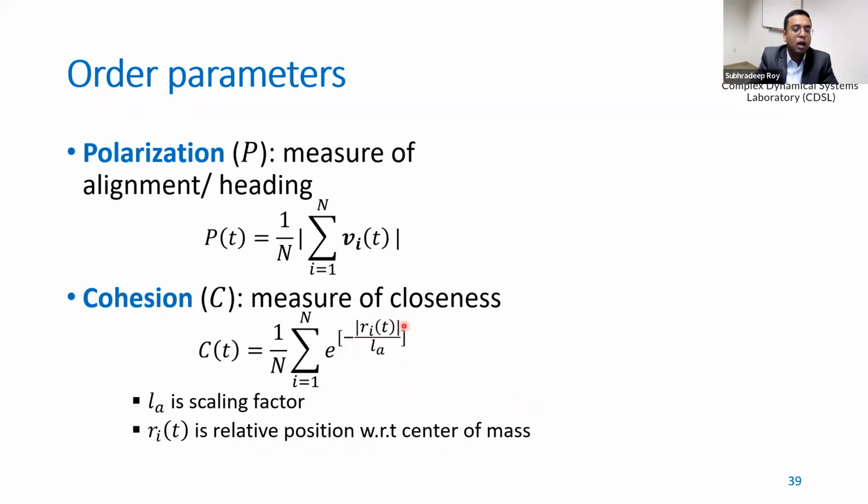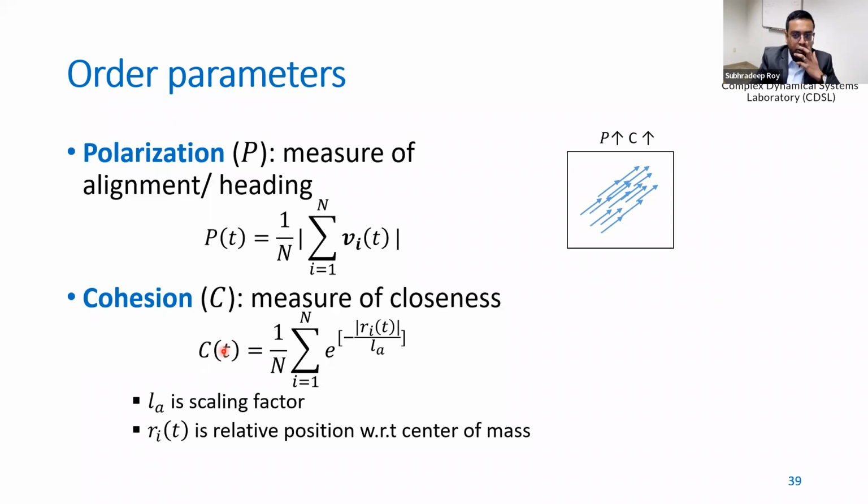So cohesion would be 1 when all the particles accumulate at the center of mass. The further they spread out, cohesion would go closer to value 0. So cohesion and polarization can both have values between 0 and 1. Polarization 1, perfect alignment. Cohesion 1 means closely packed at the center of mass.